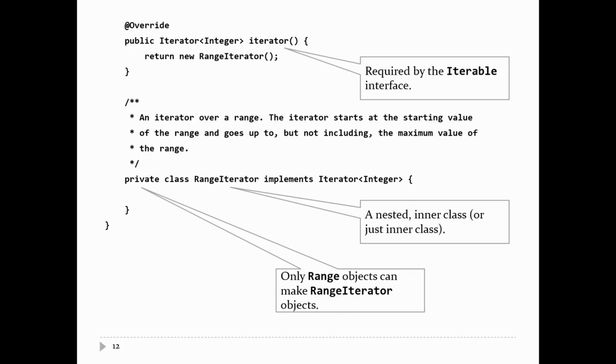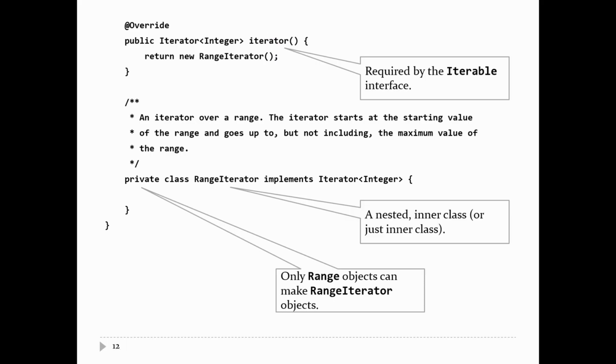In other words, there is no purpose for the rangeIterator class except to iterate over a range. The only reason this class exists is so that range can provide its iterator method. No one else ever needs to make a rangeIterator object directly. If you ever need a rangeIterator object, you just ask the range for its iterator.